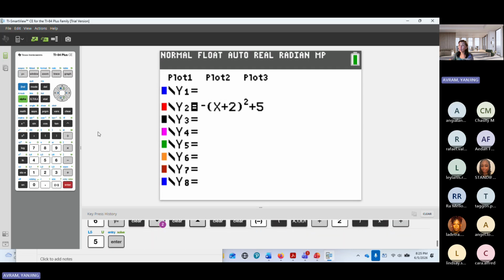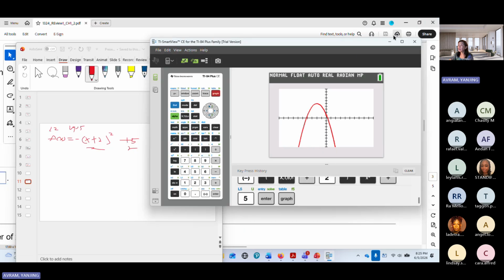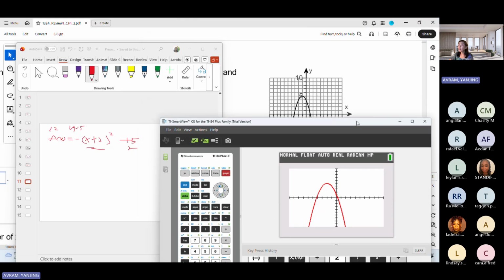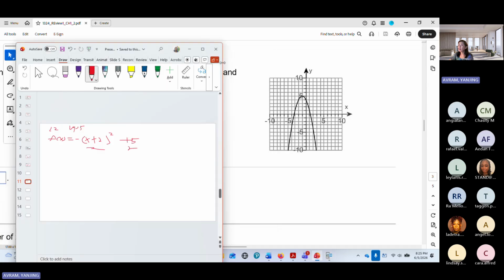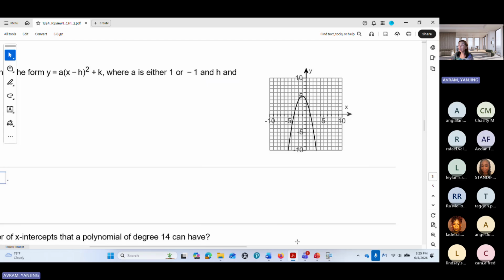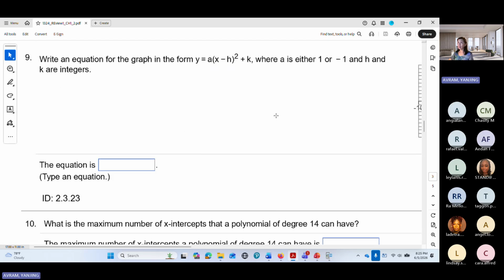Okay, to see how the graph looks, look at the graph we have. Yeah, look pretty similar, right? Look pretty similar to the one we have here. So that's another way, after you write it, if you're not sure whether it looks good or not, now that you've got an equation, you can graph it.